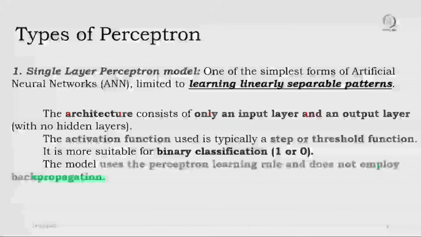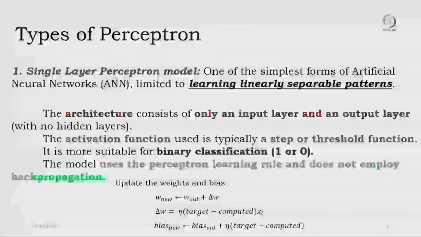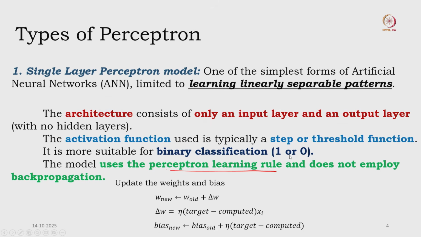So this is the theoretical concept. The perceptron learning rule is used to update the weights. So how do we update the weights? What is the formula? The new weight is the old weight plus the change in the weight.